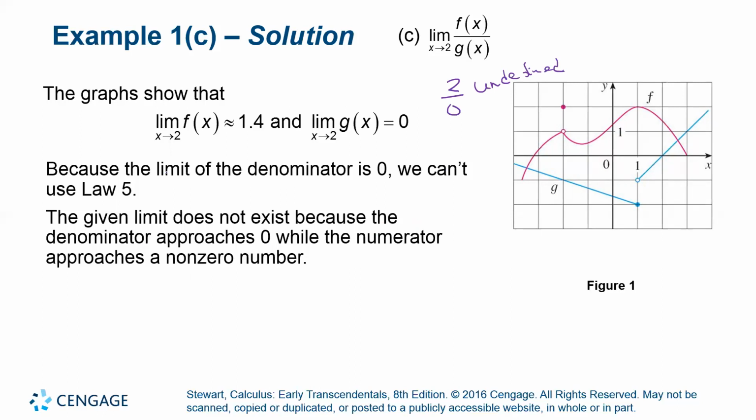As x approaches 2 of f of x, from the right and also from the left, it's about 1.4. So approximately 1.4, that's why we got this 1.4 here.